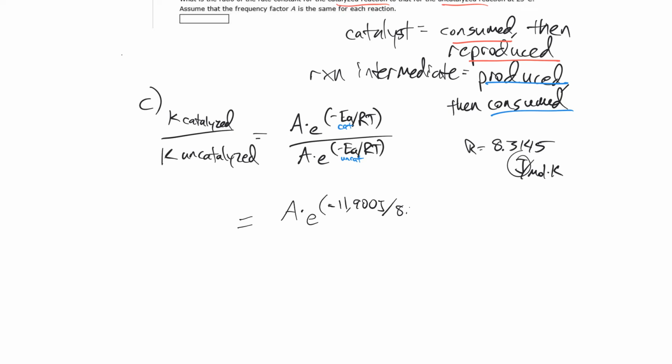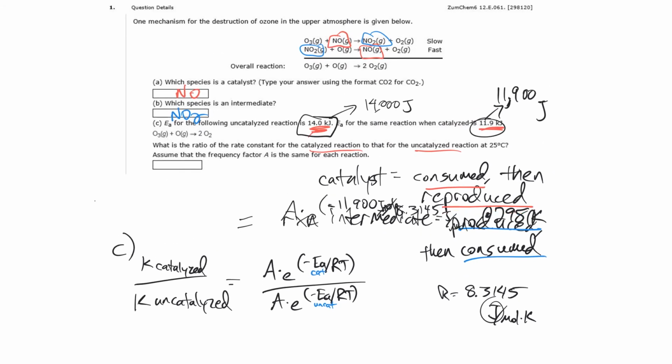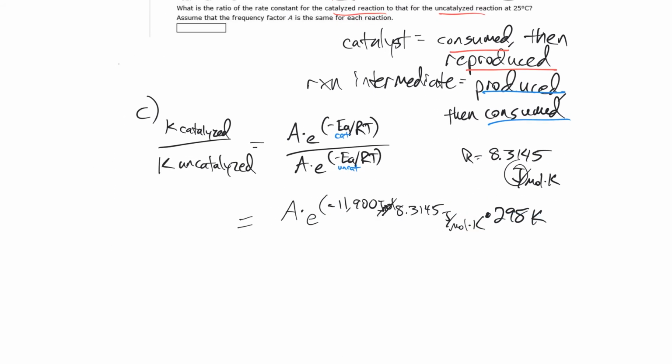And we're going to plug in 8.3145 for R, in units of joules per mole Kelvin. And actually the unit for the activation energy could be considered joules per mole. And we're going to multiply all of that by the temperature they gave us up above, 25 degrees Celsius. If we convert that into Kelvin, it's 298. That's a heck of an exponent to crunch, but we can do this.